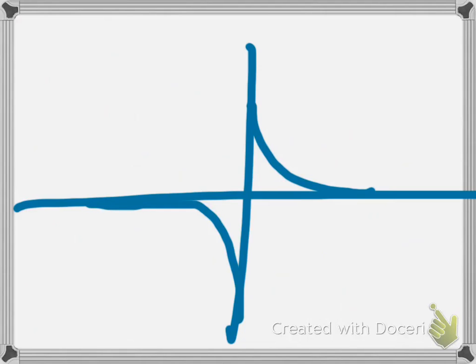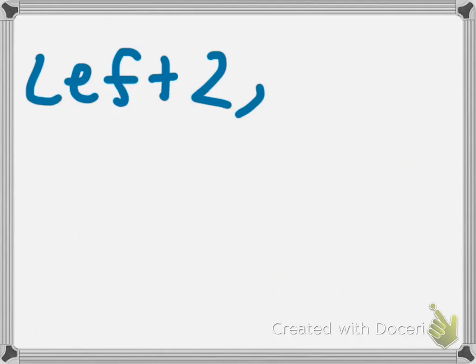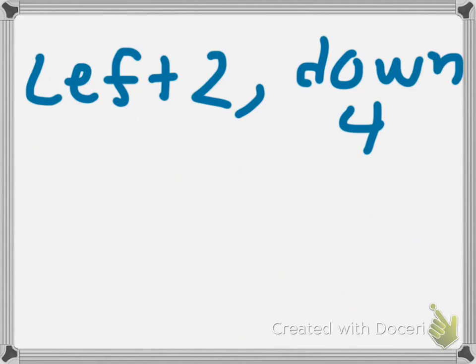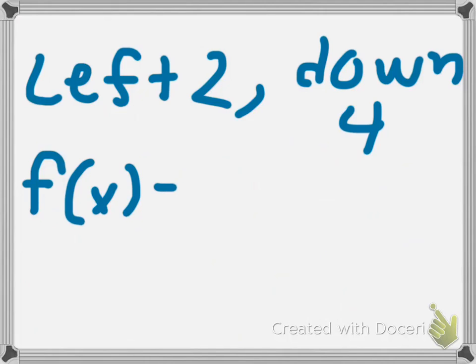Next is our transformation that has been given to us. It says that it is left 2, down 4. So the first thing we need to do is write our problem, f of x equals 1 over x.